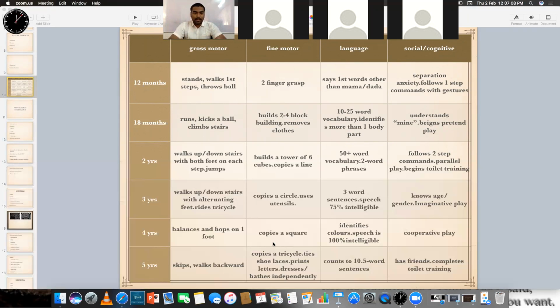Okay, and then at 4 years of age, they can balance on one foot. They hop. Okay, that is what they do at 4 years of age, and at 4 years they can make a square. 4 years, square, 4 sides. Okay, that's what they can do. Now, at 4 years, these children bond with other people.